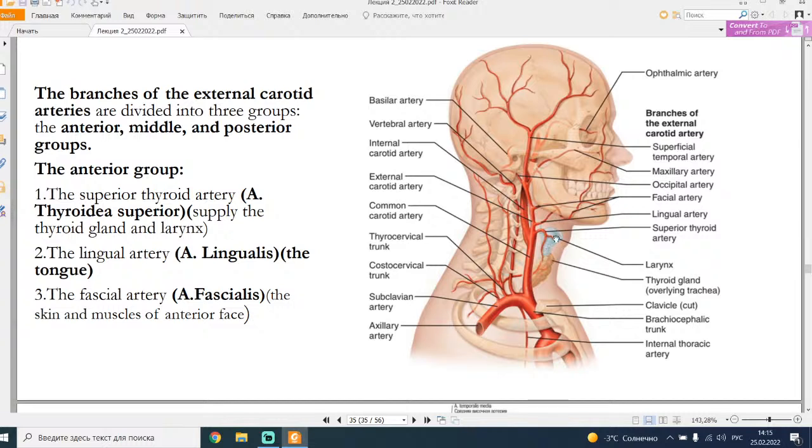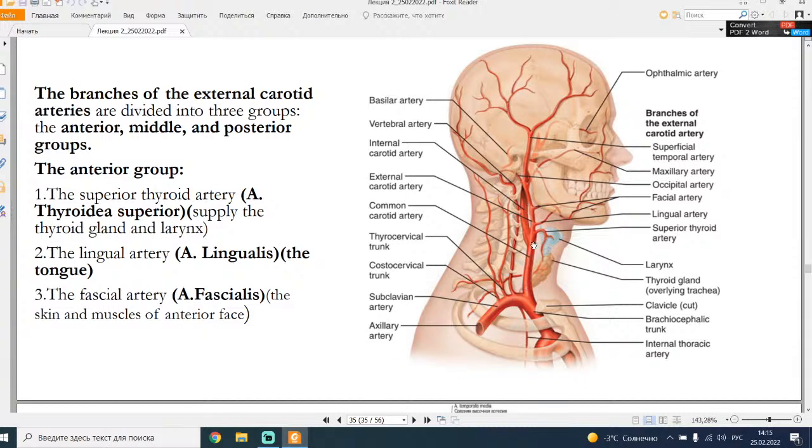Next, the lingual artery, arteria lingualis, supplies the tongue. And next, the facial artery, arteria facialis, supplies the skin and muscles of the anterior face.